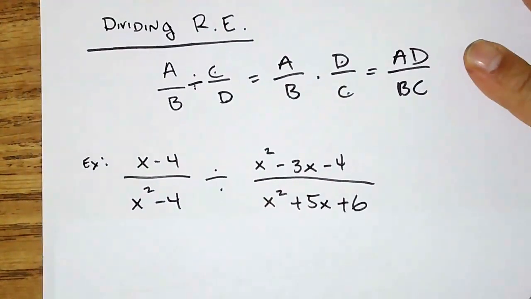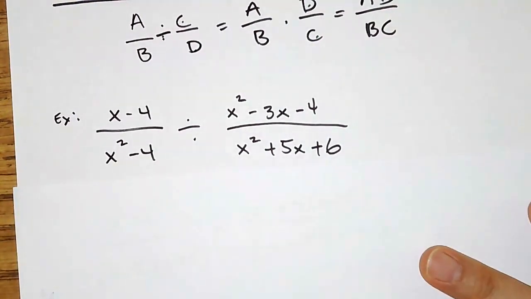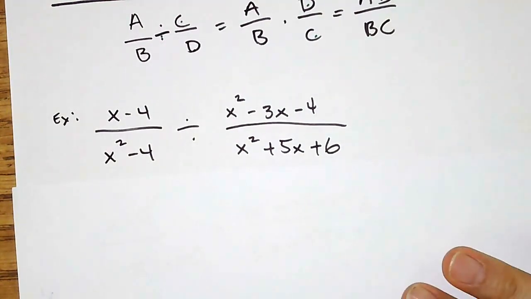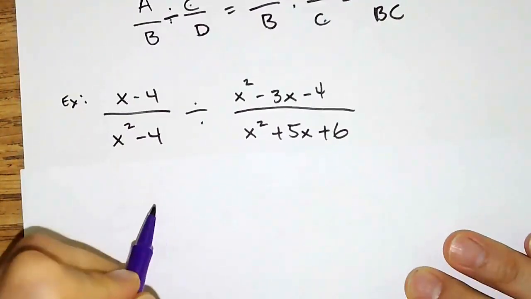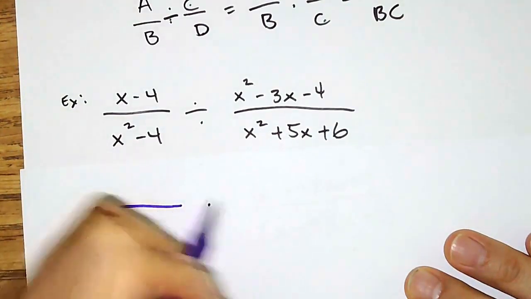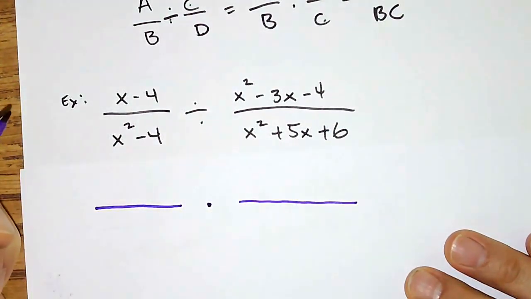So if we're doing this right here, it looks complicated. Take it step by step. Can we factor things out first? Factoring polynomials is essential because it makes it a little simpler.